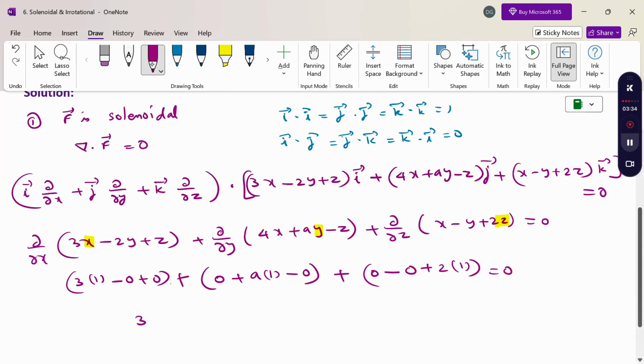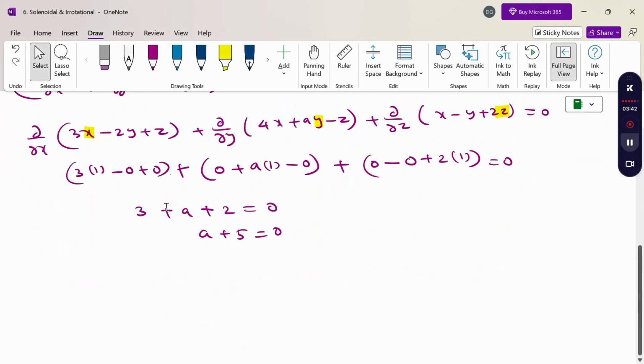For this, 3 plus a plus 2 equal to 0, a plus 5 equal to 0, then a value is minus 5. So this is the first question answer: when f vector is solenoidal, the constant a is minus 5.